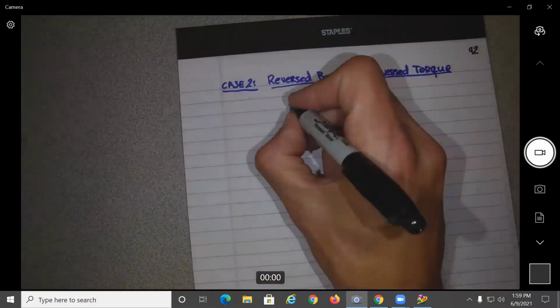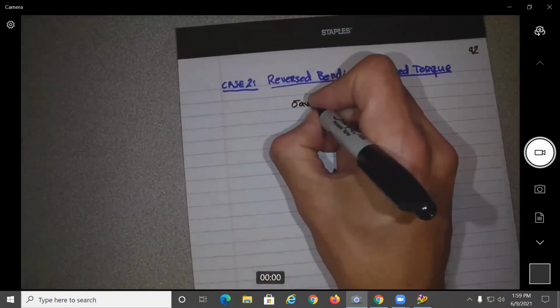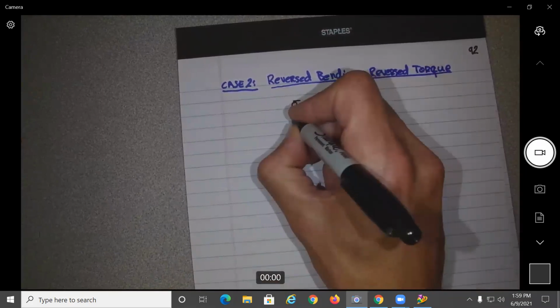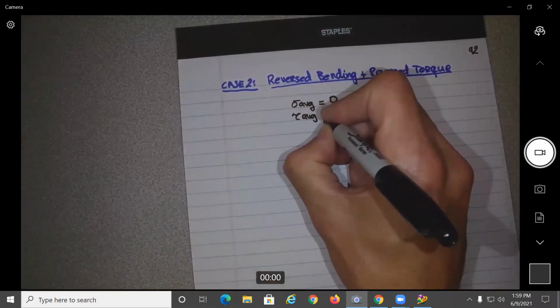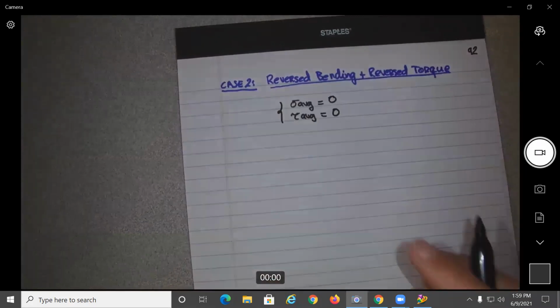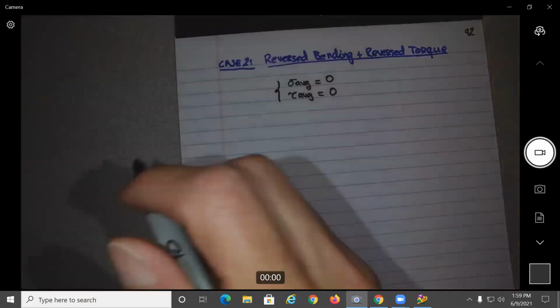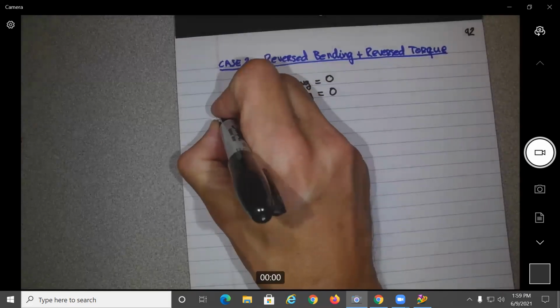If you have this, what does that mean? That both static parts of the loading will be 0. Okay, and I can just follow the same procedure as before in that case.